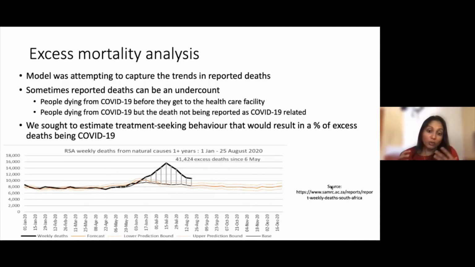And so analyses are underway to compute the attribution, or the proportion of COVID-19 deaths among this total of 41,000 excess mortality. And we in our model are trying to take this into account as well.